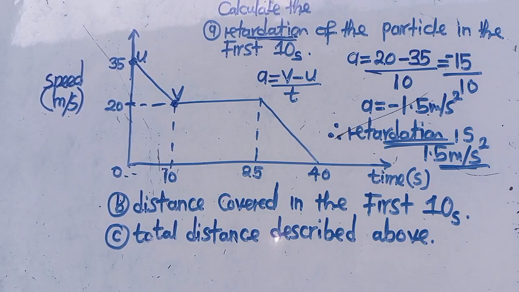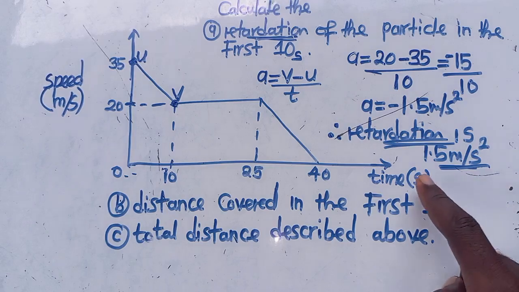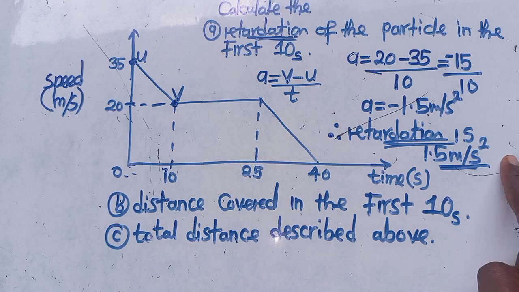But for retardation, you don't say retardation is negative 4. It doesn't make sense. Same way, you can't say negative 2 when you just write the word negative. It is not making sense.